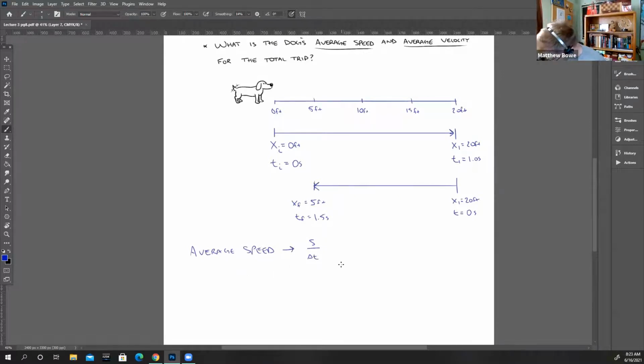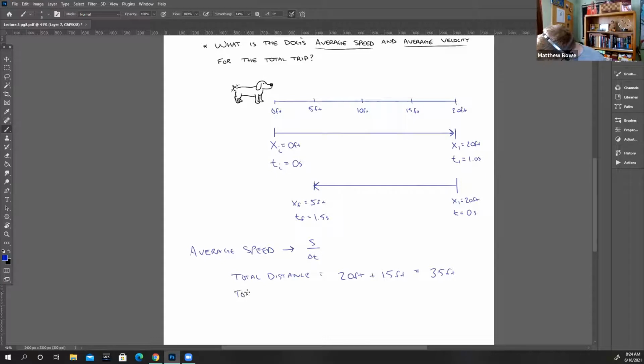Well, what's the total distance? So it initially, in the first pass, traveled 20 feet. And then it traveled back 15 feet. So the total distance is 35 feet.